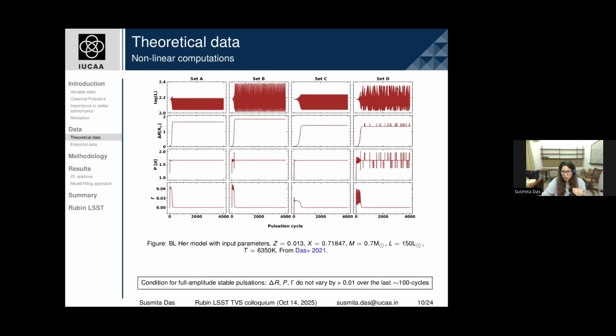But most importantly, if you look at set B, the exact ZXMLT fail to satisfy the condition of full amplitude stable conditions because they vary by more than 0.01 over the last 100 cycles. So for this particular example, we choose the models that were computed using A, B, and C for further analysis, but we reject the one that was computed from D.